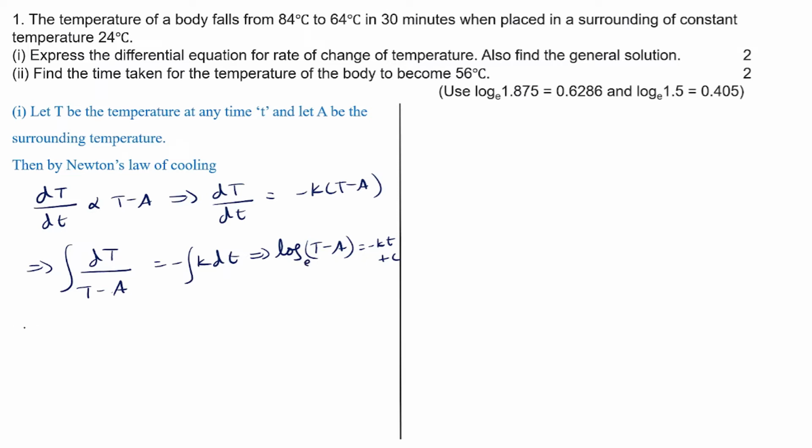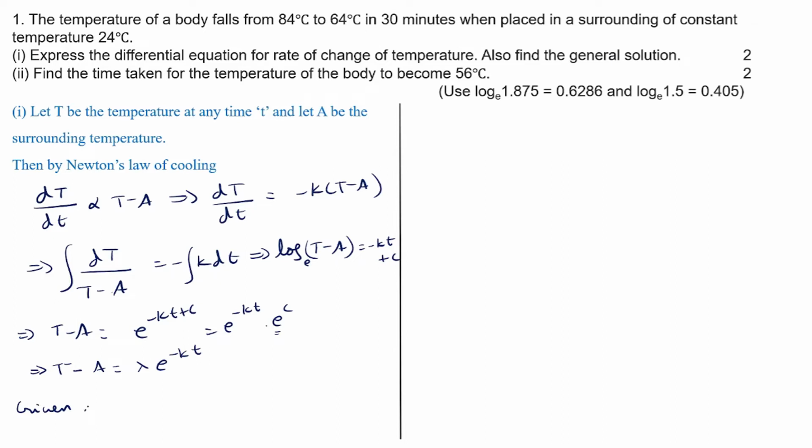So by the definition of logarithms, we have T minus A as e raised to minus kt plus c, or it is e raised to minus kt into e raised to c. This e raised to c, let us write it as lambda. So this implies T minus A is equal to lambda into e raised to minus kt. Here it is given the surrounding temperature is 24 degrees Celsius.